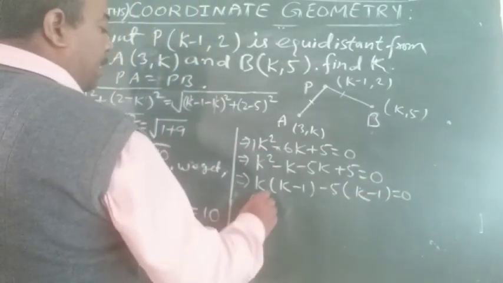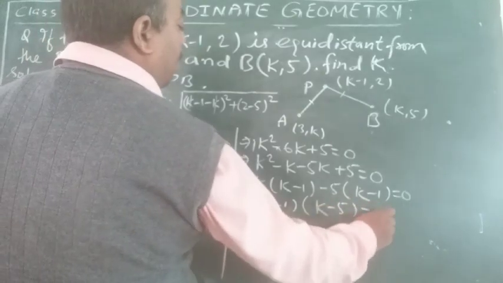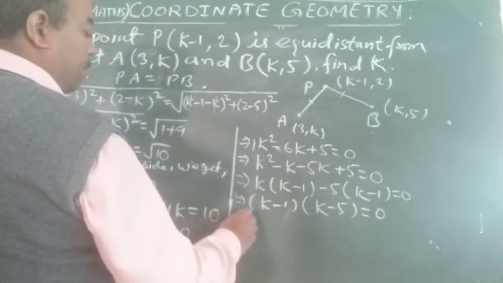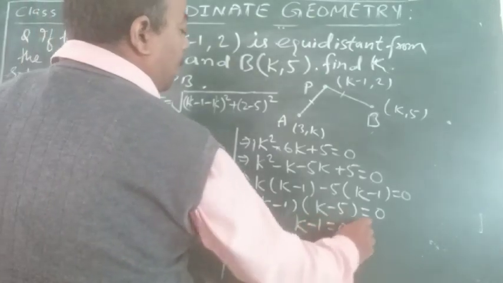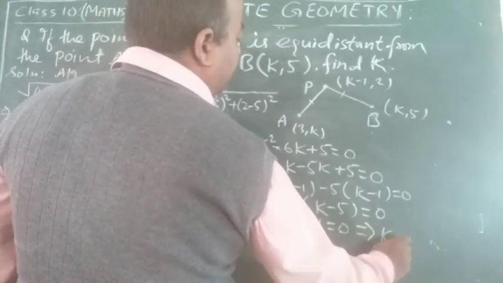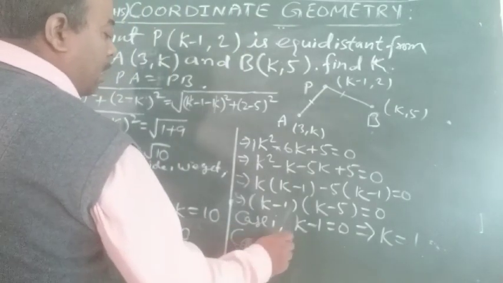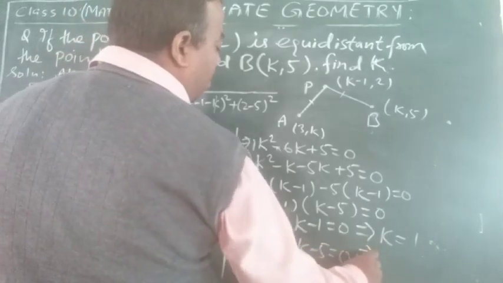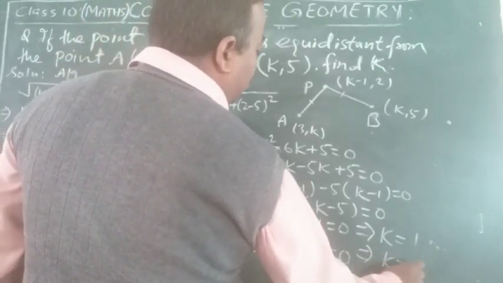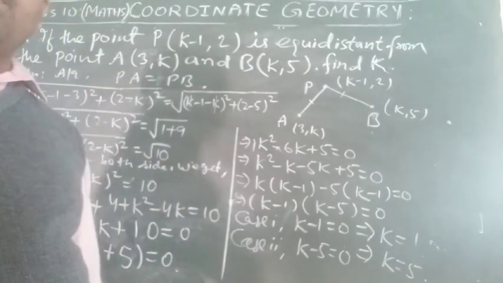K minus 1 take common, k minus 5 equal to 0. K is 1: k minus 1 equal to 0, k equal to 1. K is 2: k minus 5 equal to 0, k equal to 5. These are the solutions for k. Understanding, my dear? Now thanks for it.